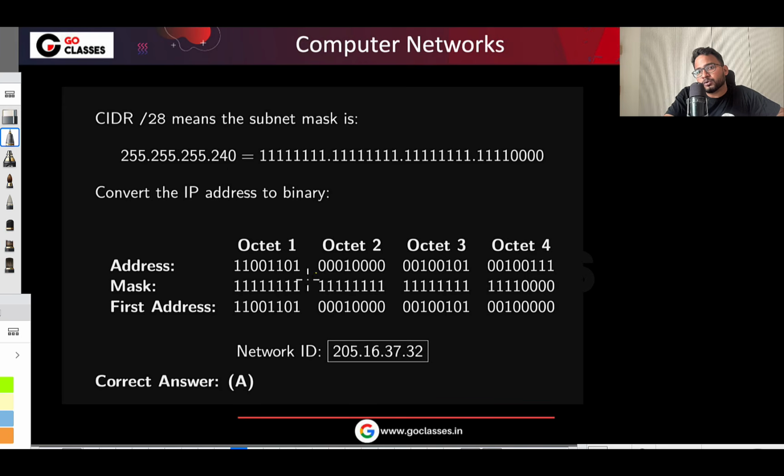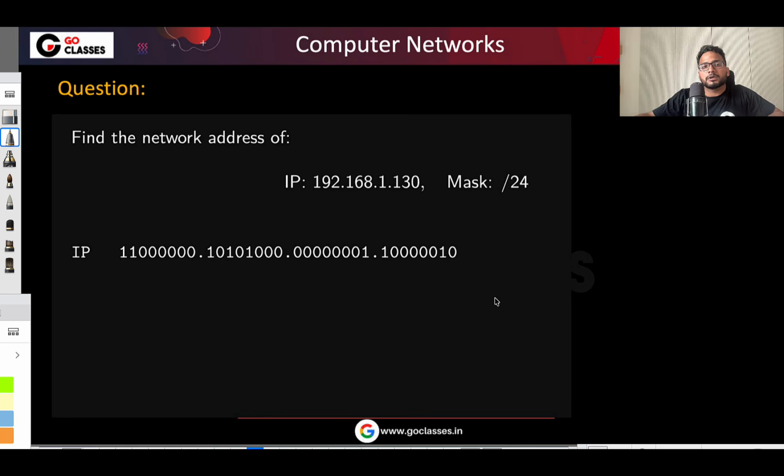Slash 28 means 28 ones and then zeros, and you take the AND operation, and then you get this as the answer. So now I hope you know how a router does it, and as a human you know how we do it.